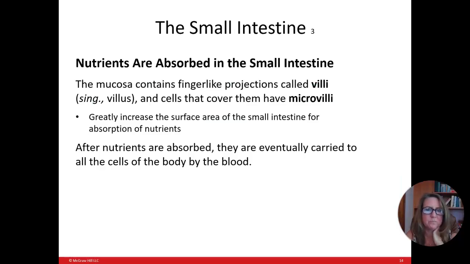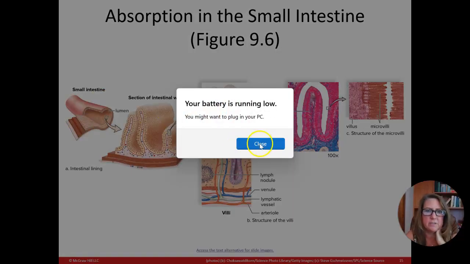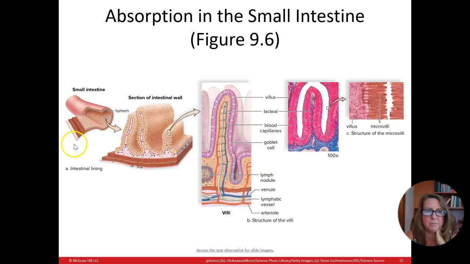All right. Okay, so let's take a look at this unique architecture, if you will, or design of the small intestine. So if you take a cross-section of the small intestine, you're going to see that it's, oh, now my battery's running low. Well, anyway. You see that there's several layers to this intestinal lining, but there's the space we call the lumen, and then all along this membrane we see a fold.